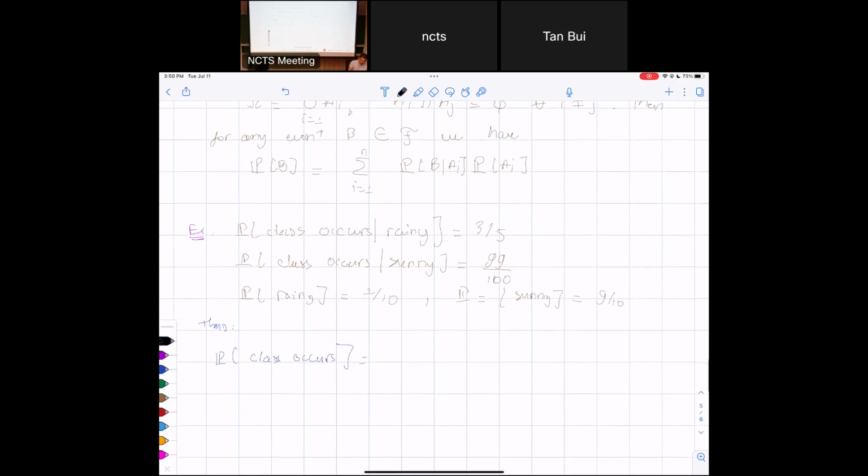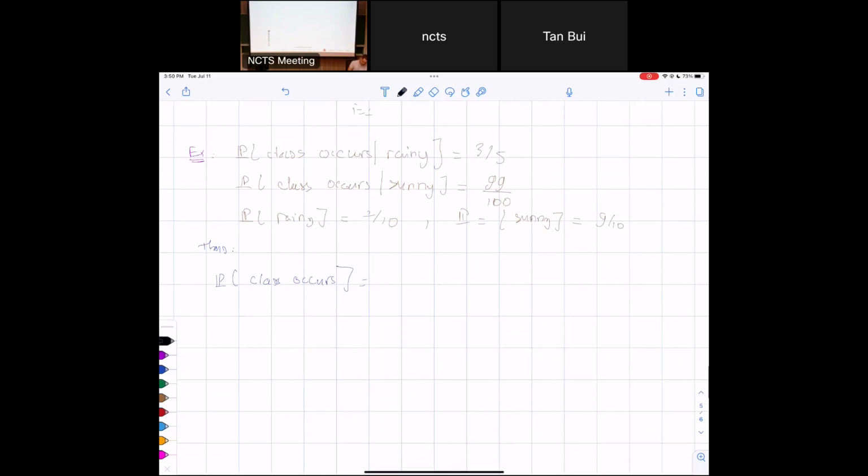Then using the law of total probability, right? This is equal to the probability the class occurs given that it's rain, times the probability of a rainy day, plus the probability of class occur even if it's sunny. By the way, once we finish this example, we're done for the second part, and then we have another break.